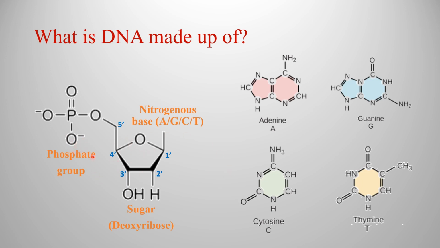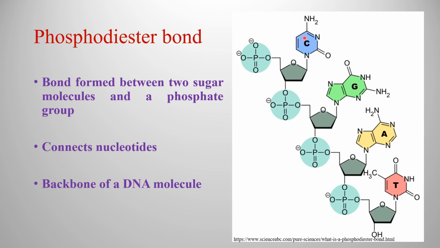Now let's see how these nucleotides are connected to each other and form a chain. So this is the chain of nucleotides connected to each other. Here you see this is one nucleotide with adenine as a nitrogenous base, and this is the other nucleotide with guanine as a nitrogenous base.